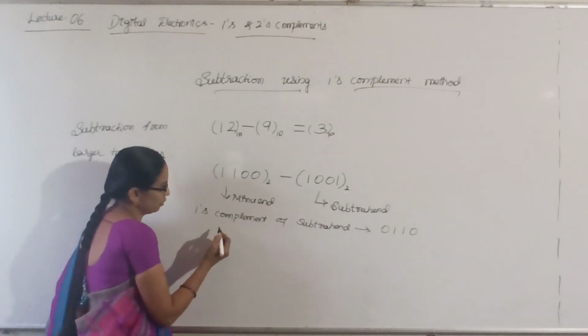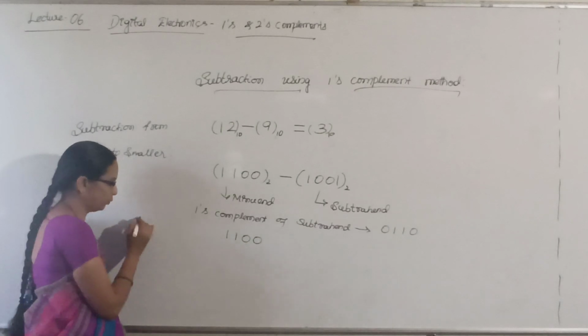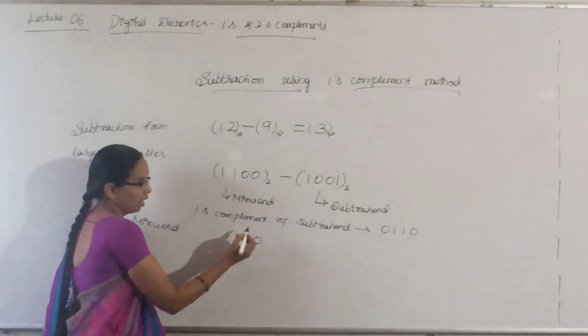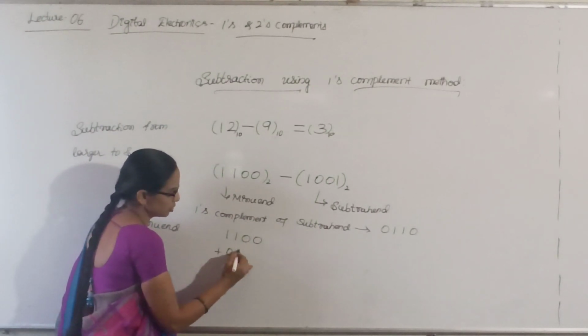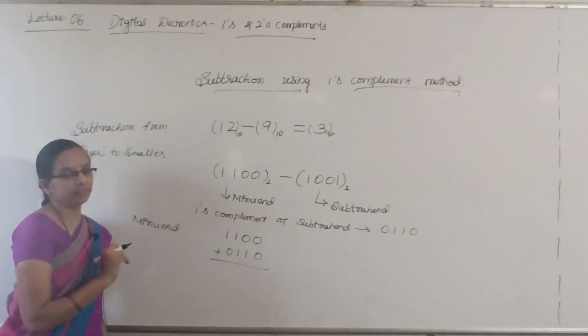So now 1 1 0 0 is our minuend, and the 1's complement of the subtrahend is 0 1 1 0. We will not subtract it, we will add it.